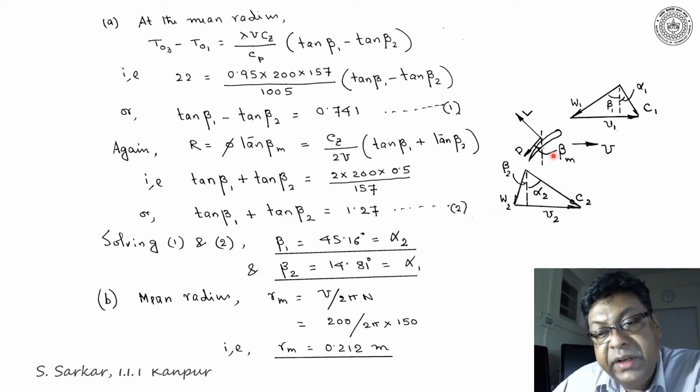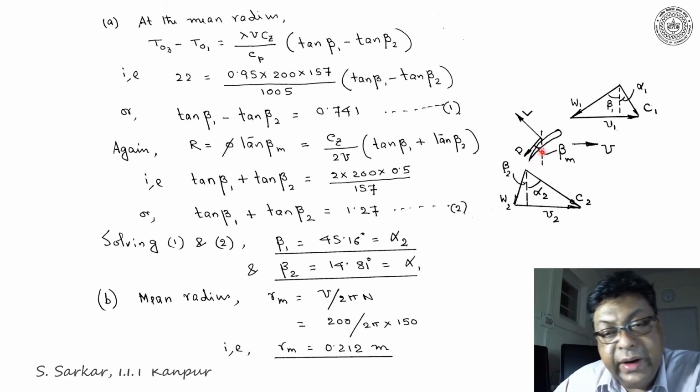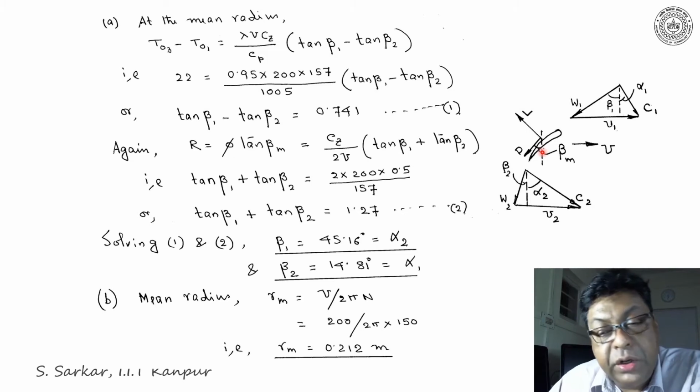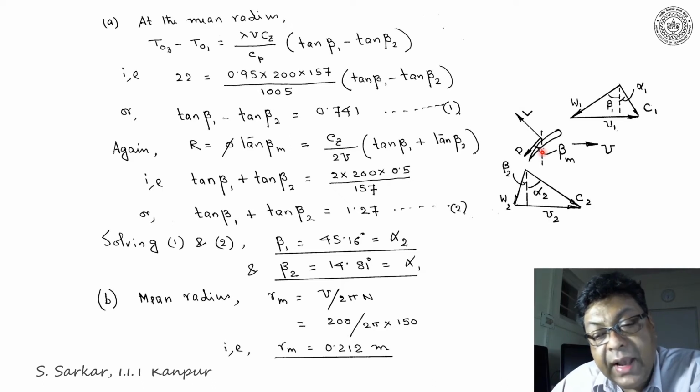Further, I have indicated beta m, which is the vectorial mean angle, and I have indicated here lift and drag on the blade. Lift here is perpendicular to the vectorial mean velocity, in this case the relative velocity, and drag will act along the vectorial mean velocity.